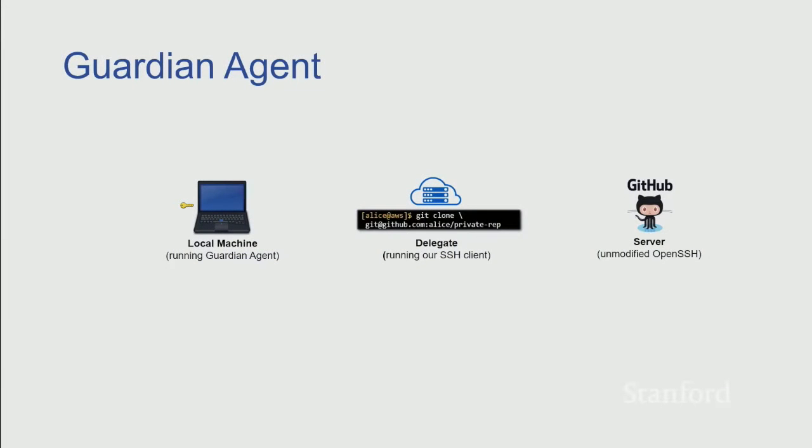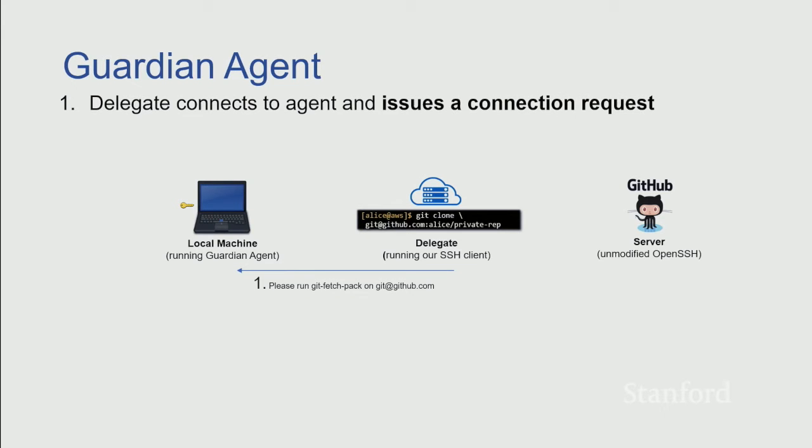So in the setting, we have the local machine that keeps the private key and running our agent. We have the delegate running the custom client, and we have GitHub as the server. So the first thing, when the delegate wants to run the command, instead of running the command directly on the server, he's going to talk to the local machine through the Guardian Agent protocol and request the agent to run the command and specify which server he wants to run the command on.